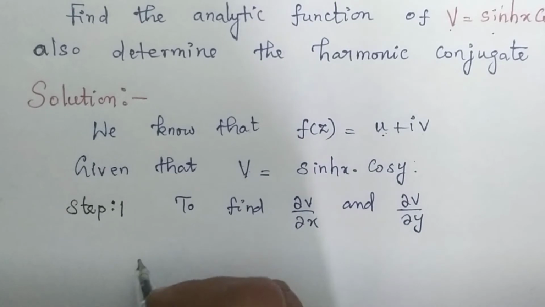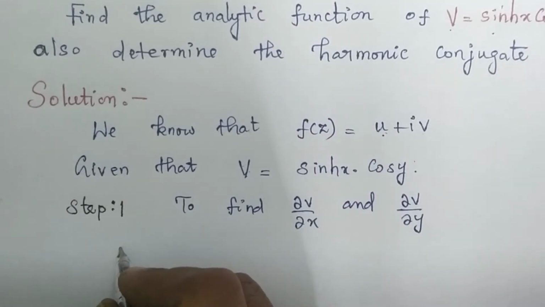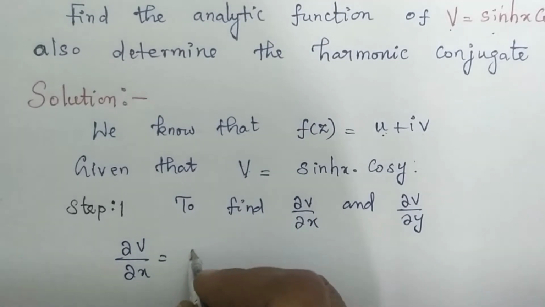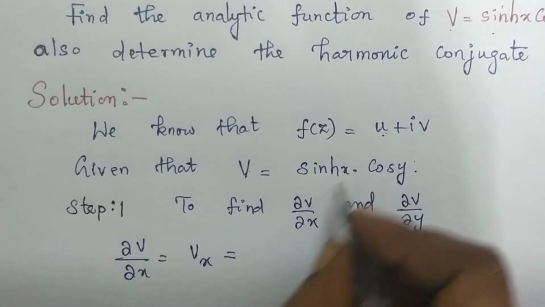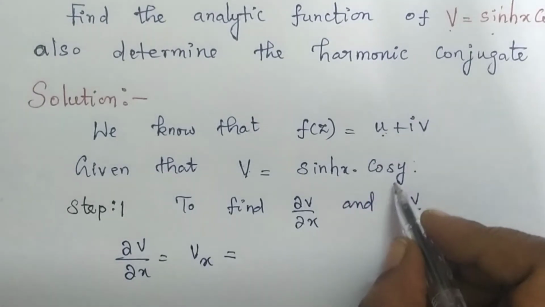Differentiating v with respect to x, dou v by dou x, which can be denoted by the symbol vx. Keep cos y constant.